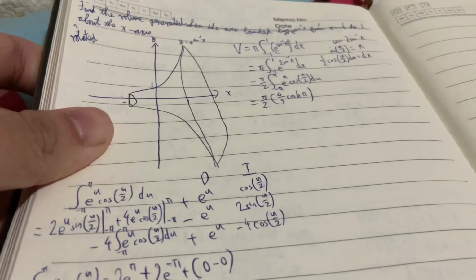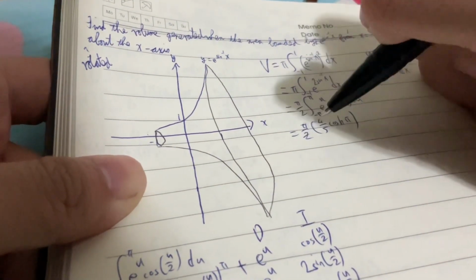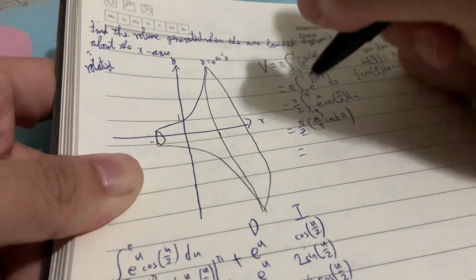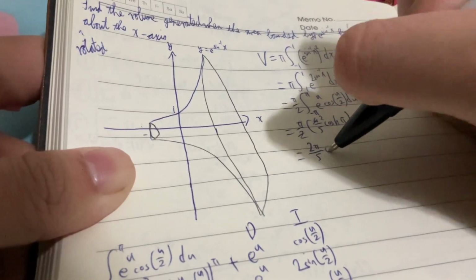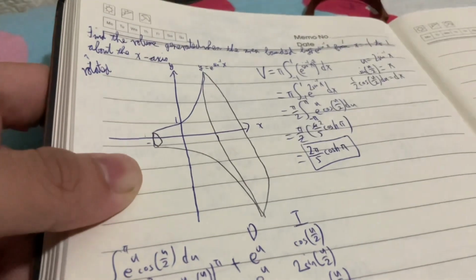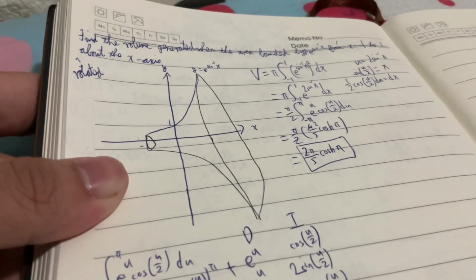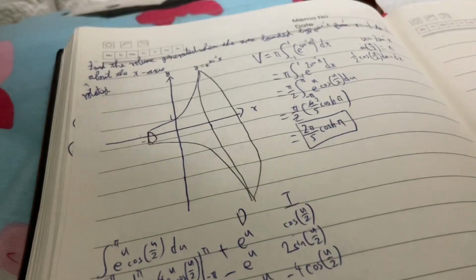And here, check this out. Simplify 2 and 4, you get 2 here. Our final answer is 2 pi over 5 times cosh pi. Here is our final answer. Woo, this is really cool. I'm going to use my calculator to check these answers.